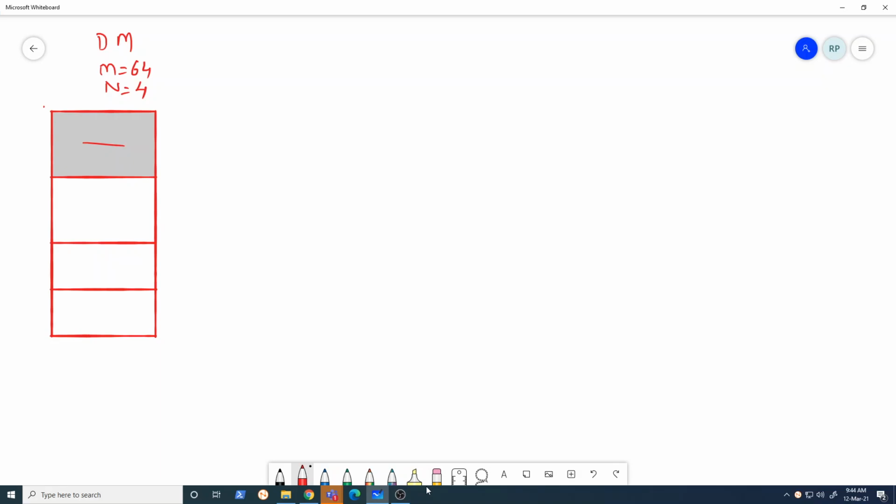In direct mapping, what you will perform is modulo 4. For any block number, you will perform the modulo 4 operation. And there are 64 blocks, meaning 0 to 63.